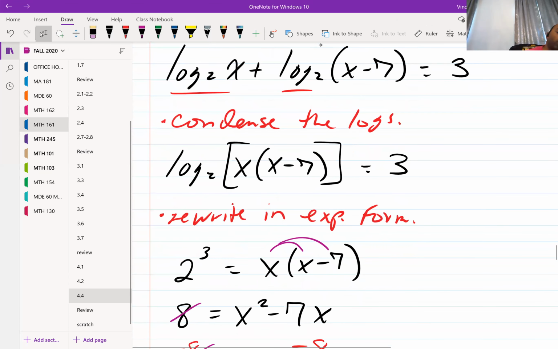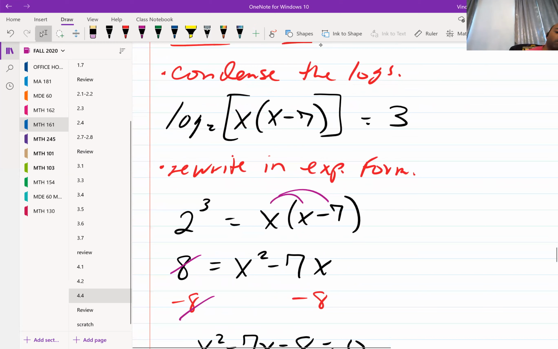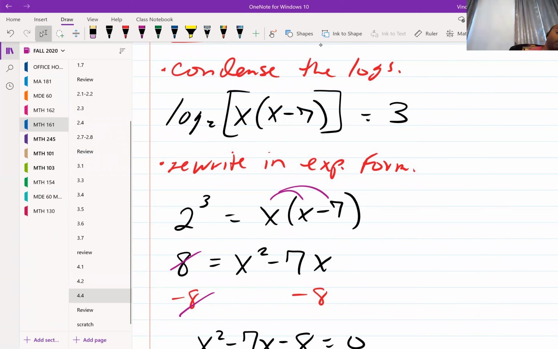Now we just solve the quadratic equation. So you distribute x, that'll be 8 equal to x squared minus 7x. That's 2 cubed on the left, and then x squared minus 7x on the right side. Then you want to set one side equal to 0.